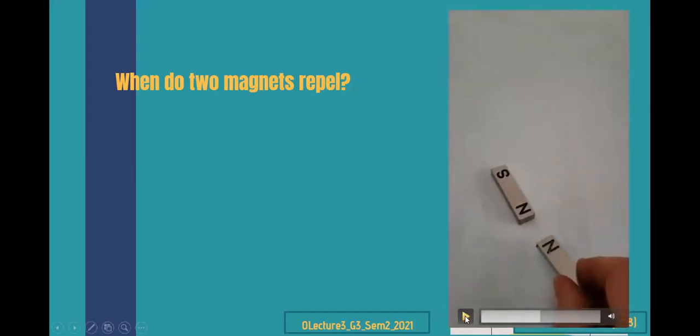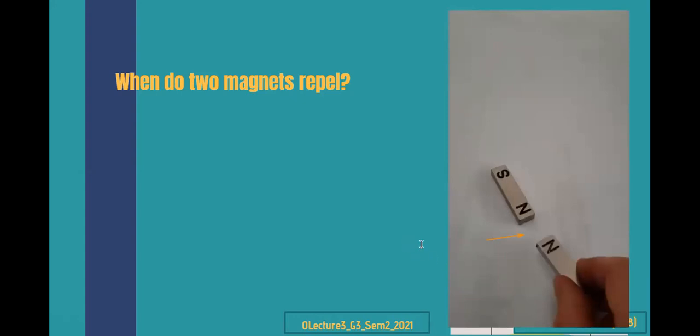So what happens when we put the north pole of a magnet closer to a north pole of another magnet? What are the magnets doing right now? It pushes it. It doesn't stick. So what do we say?